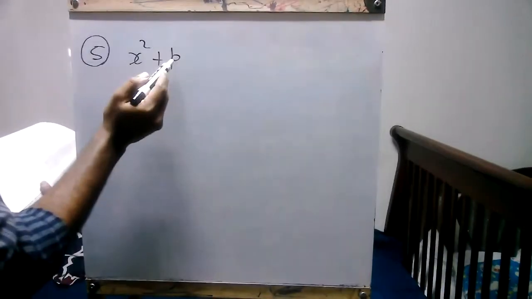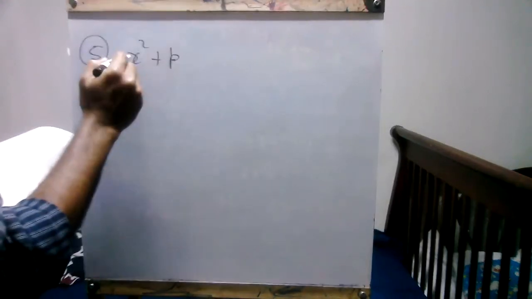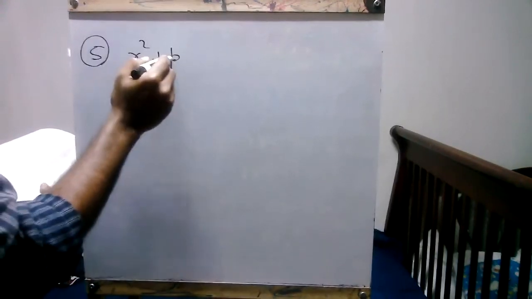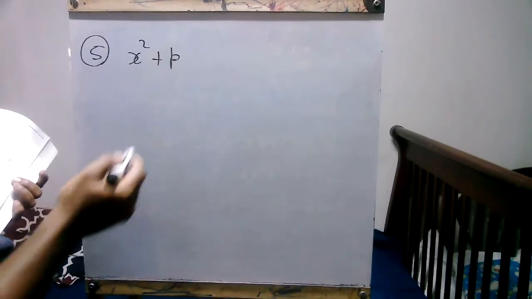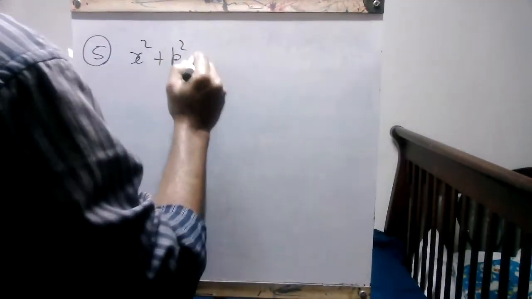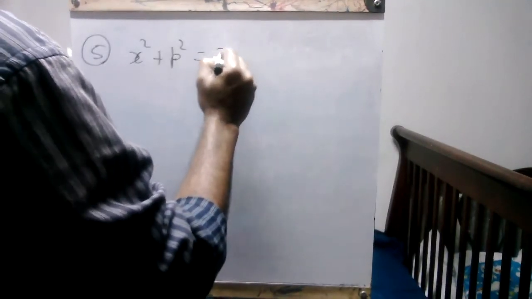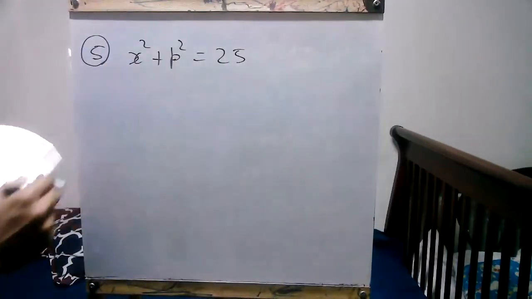In a demand equation, we know x is the number of items and p is the price. x square plus p square equals 25. It is given in this question.